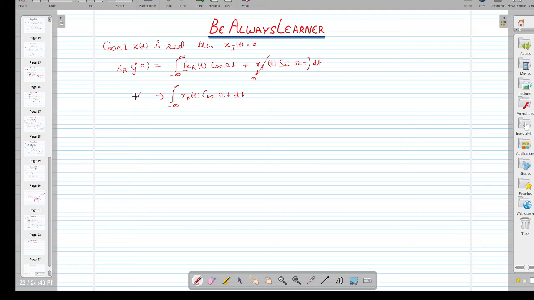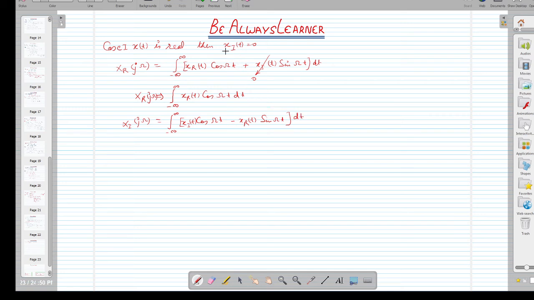So that is the computation for x r when x is a real number. In the same way we can also have x I of j omega. The equation we computed, integration from minus infinity to infinity, the imaginary part is a function of time, and cos of omega t minus x r function of time sine of omega t, and bracket close, that is dt.